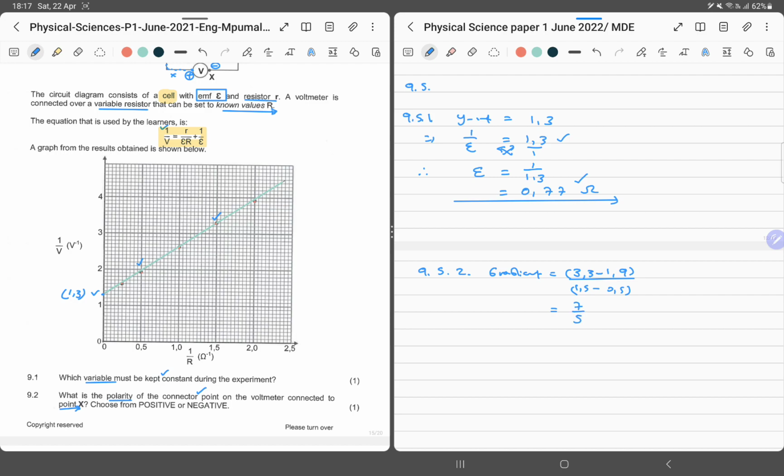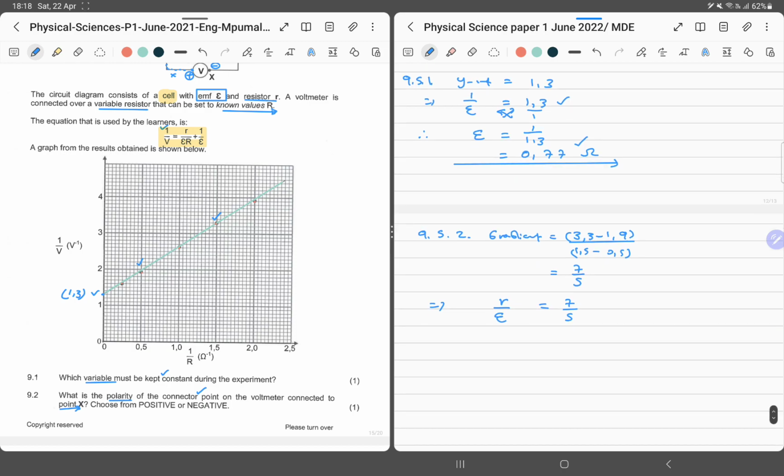So you don't want to round off. When it's a nice fraction, you leave it like that. So this implies, we know that the gradient is R over E, so R over E is 7 over 5, because we were told to show the expression for the gradient.